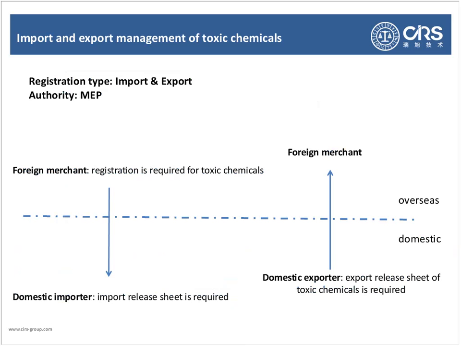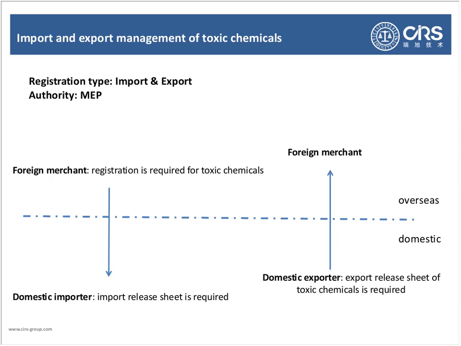On the other hand, if you are a domestic exporter who wants to export a chemical which is in this inventory, before the exportation you need to prepare the export release sheet of toxic chemicals. So here we list all the information you want to know for both the registration and the release sheet.